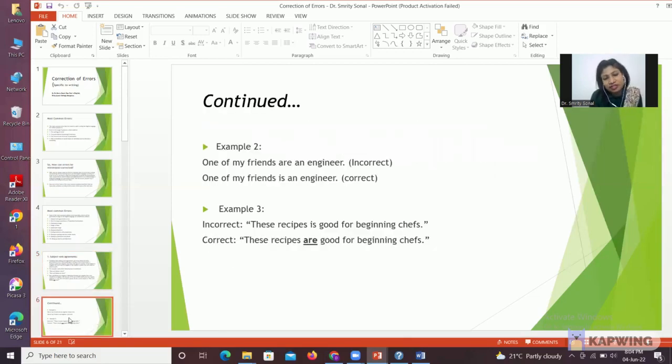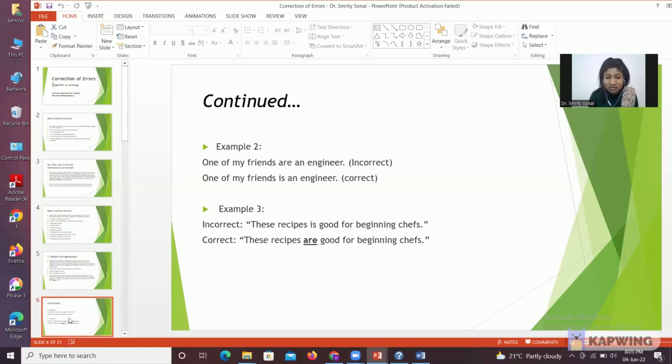Similarly, we have some other examples like: one of my friends are an engineer. That is incorrect because we have a group of friends, could be 3, 4, 6, 10, but we are only selecting one person from that group. That is one friend. So whatever we are talking about in this sentence concerns that one selected friend out of that group.